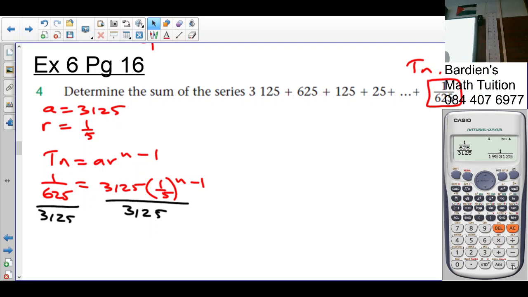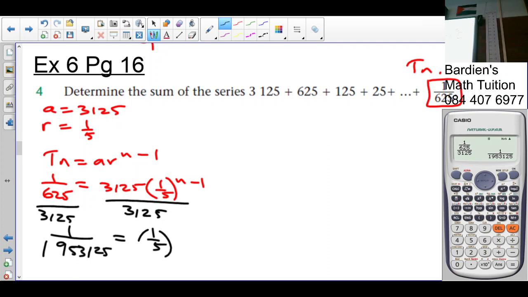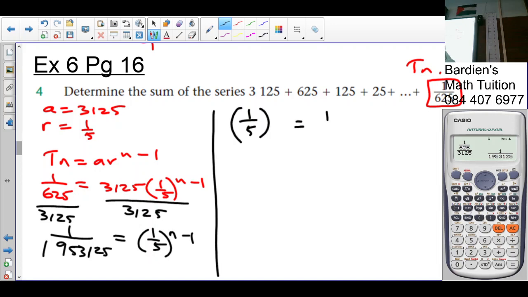Okay, it's going to be 1 over 1,953,125 equals 1 over 5 raised to the n minus 1. I'm sure that number there can be written as 1 over 5 raised to some exponent, equals 1 over 5 raised to the n minus 1.